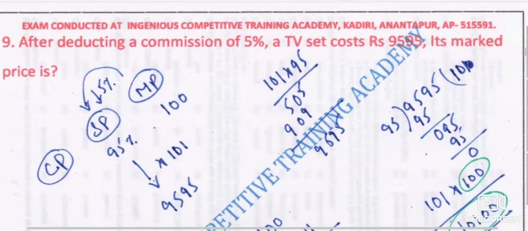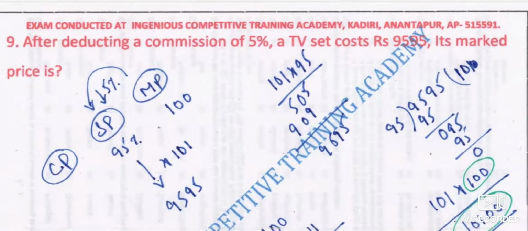After deducting a commission of 5%, a TV set costs rupees 9,595. Its market price is, we knew that whatever the commission has been given on the market price, 100% is the market price. You got the discount, that commission is 5%. Now the selling price has become 95%.